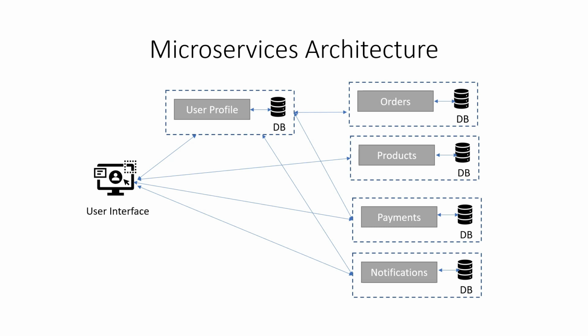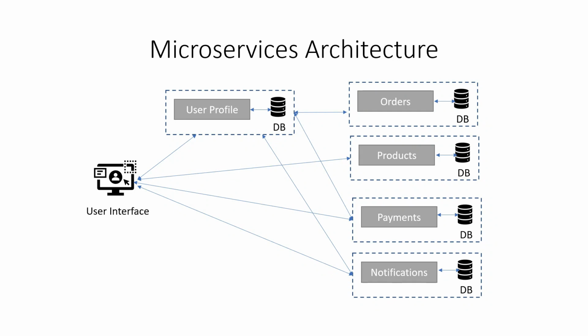When we discussed monolithic architecture, we saw that if any particular module or the server goes down, all your pages on the website are down. But in the microservice architecture, that is not the case. If your products service is down, you can still place the order, you can still make payments, and all your other pages are working.